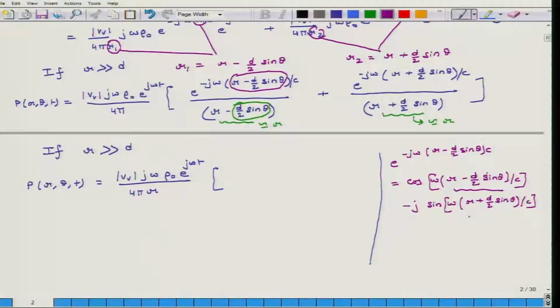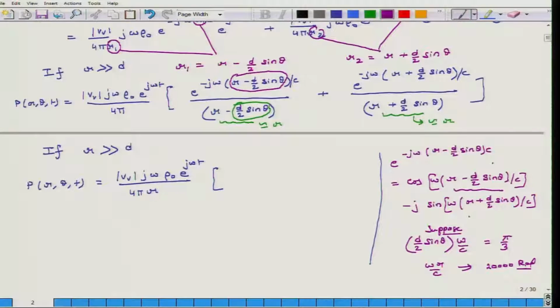I cannot drop it for the simple reason that suppose d over 2 sin theta times omega by c has a value of, let us say, pi over 3 radians, suppose, and omega r over c, where r is extremely large, may be, let us say, 20,000 radians.